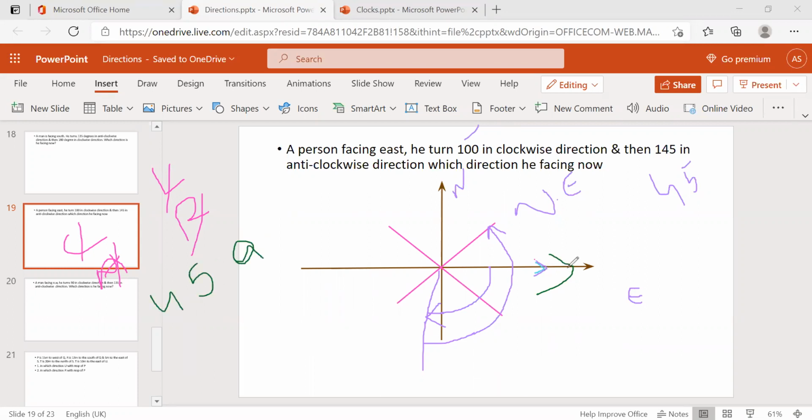From here, 45 anti-clockwise means this directly. Clear? Northeast. So there's no need to draw the entire diagram.